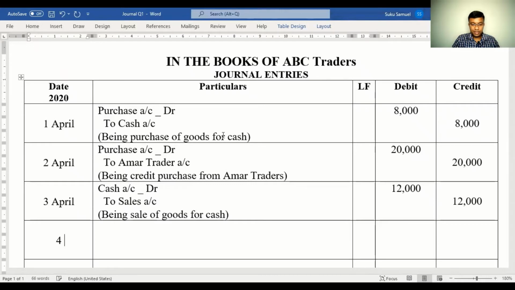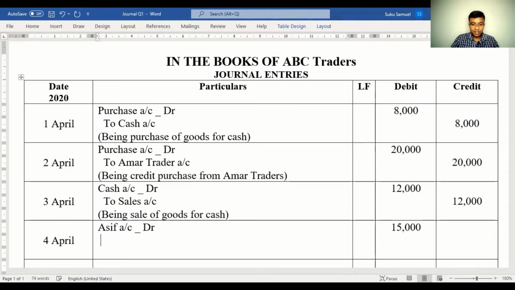4th of April, let's look at the transaction together. On 4th of April, it says sold goods on credit to Asif. So since you're carrying this out on credit, we will be using Asif account. And Asif account we know is personal, debit the receiver. So Asif is receiving, and Asif is receiving goods worth 15,000.